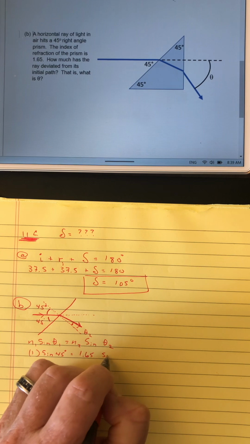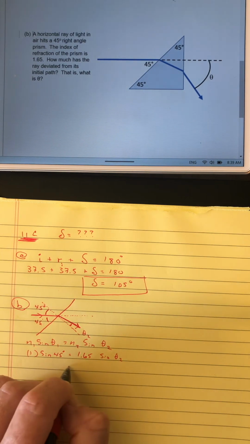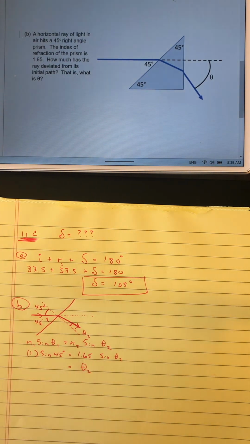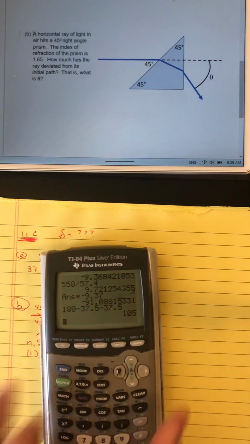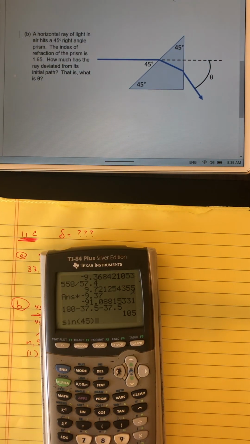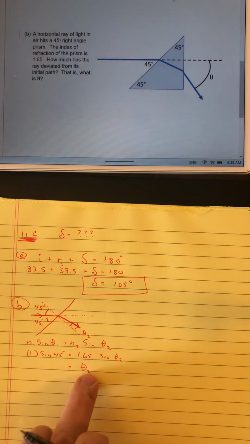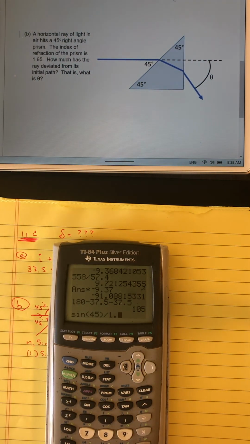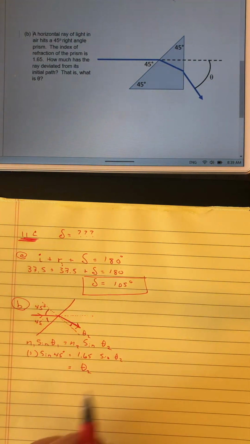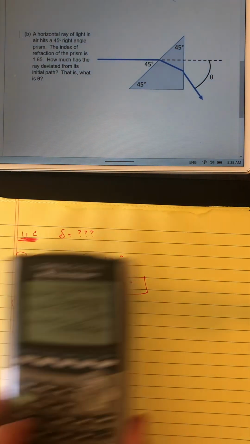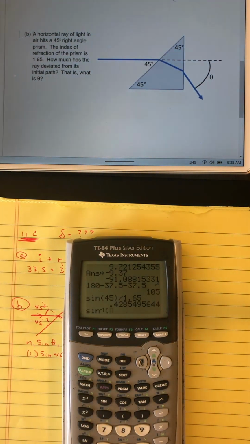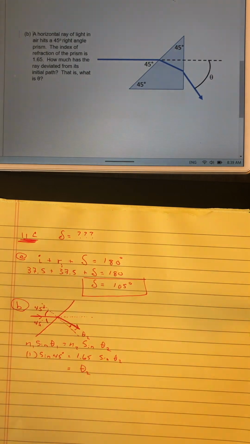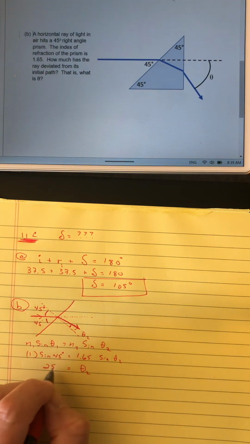And then we can find our angle theta 2. So grabbing my calculator, I will go sine of 45. I will then divide that by 1.65, and that should give me the sine of theta 2. So then I will take the arc sine and get 25.4.